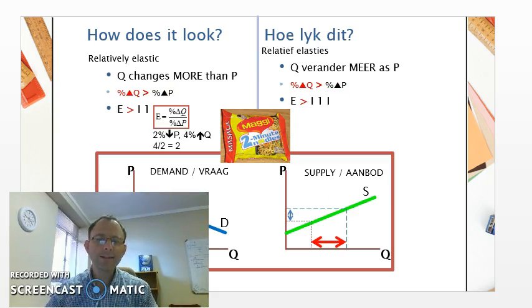If it's more elastic, it's more luxurious types of goods. Cars, for example, refrigerators, television, computers. If the price just goes up a little bit, you are more reluctant to buy it, so there's a big change in the quantity demanded by the consumers or the market itself. Okay, so that's the main difference between the two.